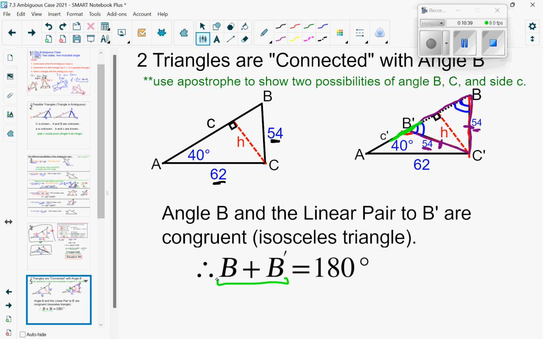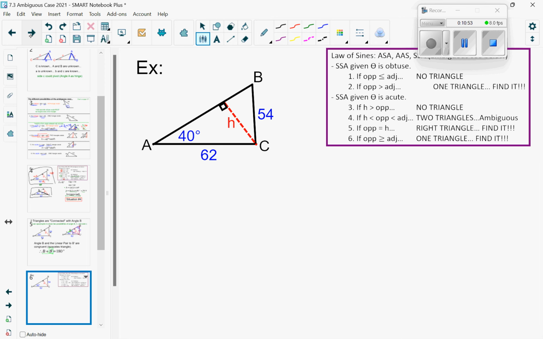For the sake of simplicity and conciseness, we are going to use an apostrophe. Remember, from geometry, that just means prime. So just to help denote the different triangles there. So let's actually solve this. We should technically, again, find the height, even though we know what the height is. That height would be my adjacent times sine of theta.